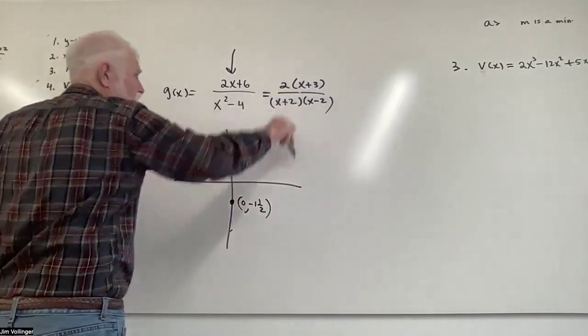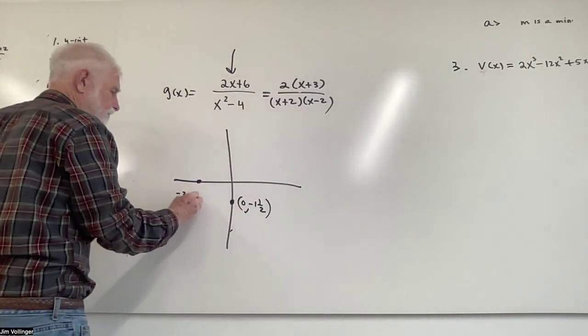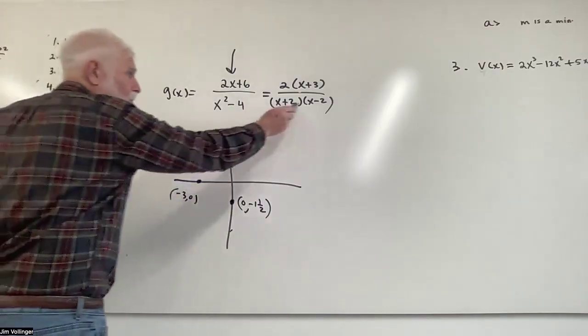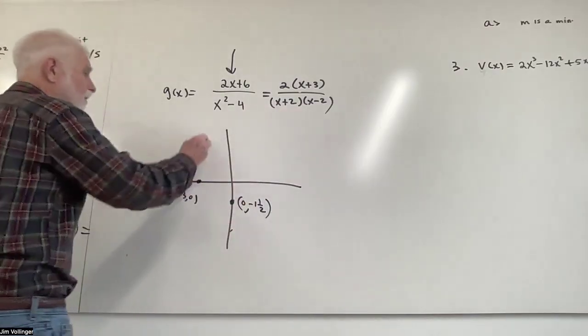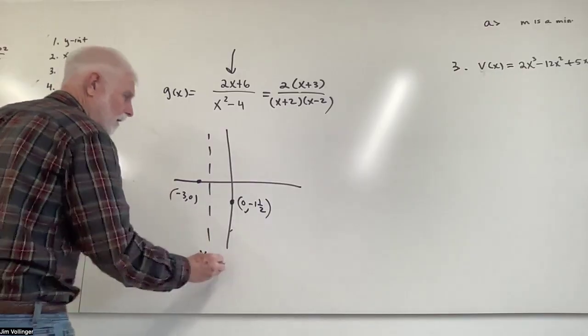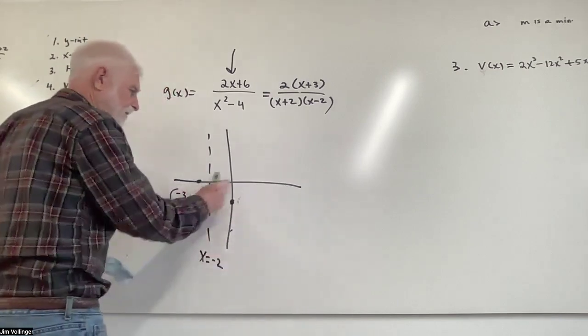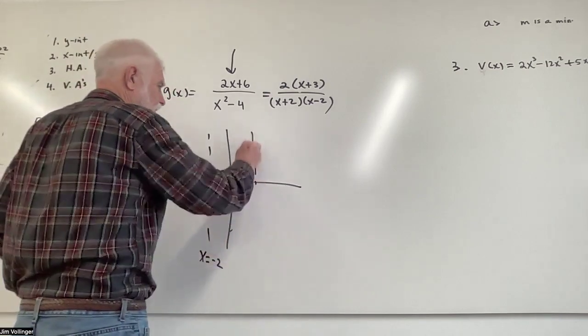X-intercept, still -3. Still -3 gets a 0. But now we have 2 vertical asymptotes, one at -2 and one at +2. I knew I'd have to move this. So if that's -2, then +2 is here.